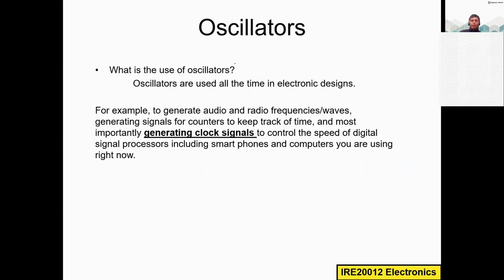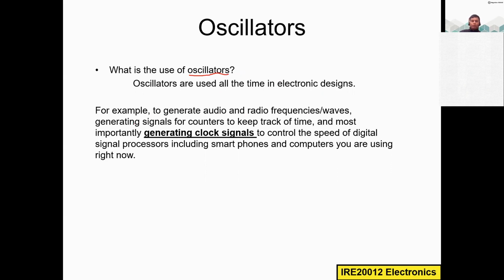Now you may think about, what is the use of oscillators? Oscillators are used all the time in electronic designs. It's one of the very important circuits in electronic designs. For example, it can be used to generate audio and radio frequencies.